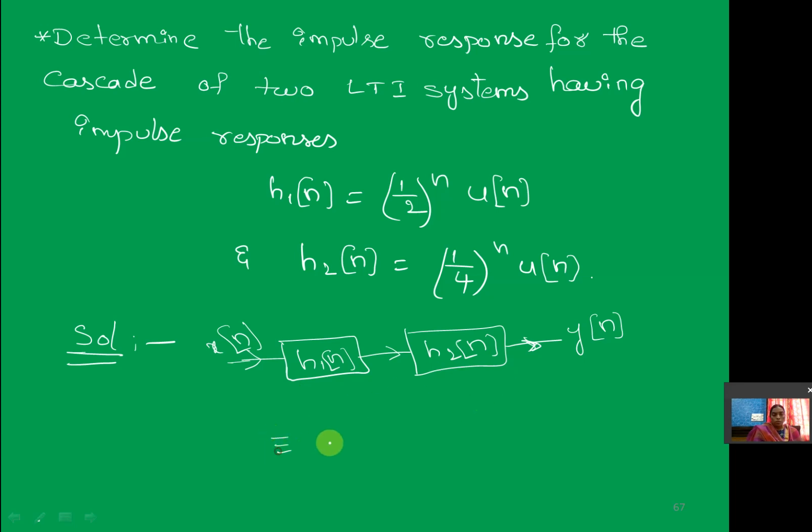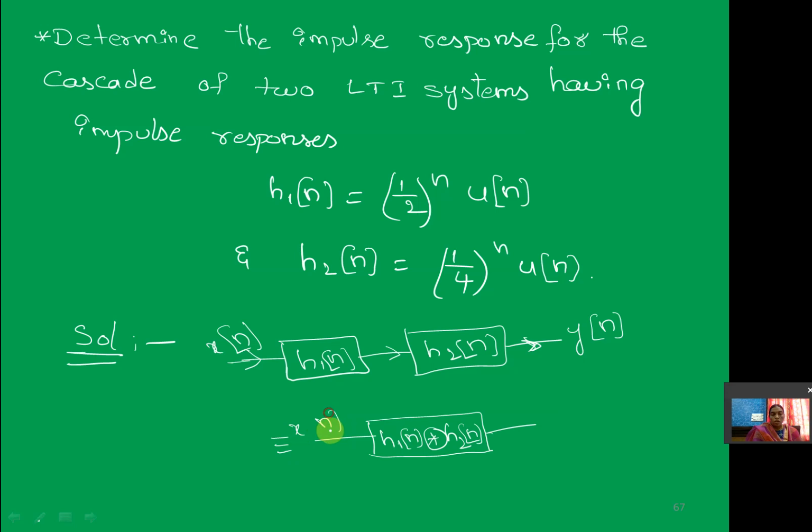You know from the convolution property, we already had the discussion on this. If two systems are in cascade nature, this is nothing but the convolution of these two impulse responses, and may be considered as a single system.